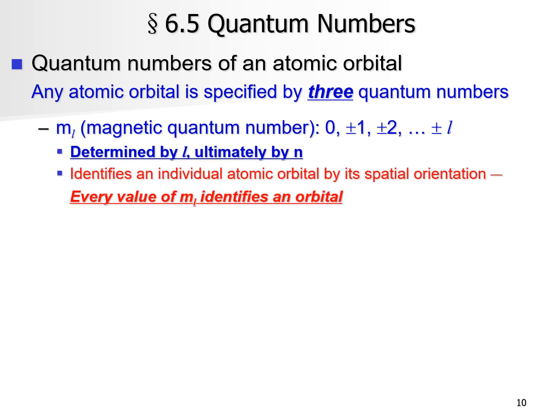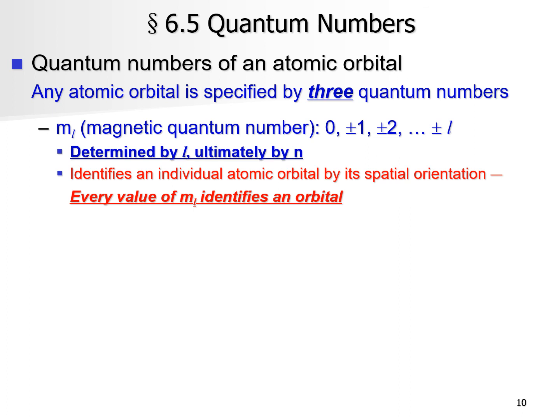The function of m sub l is to identify the individual atomic orbital by its spatial orientation. That means from the specific orientation in space we can find this individual atomic orbital. Each value of m sub l identifies an orbital.